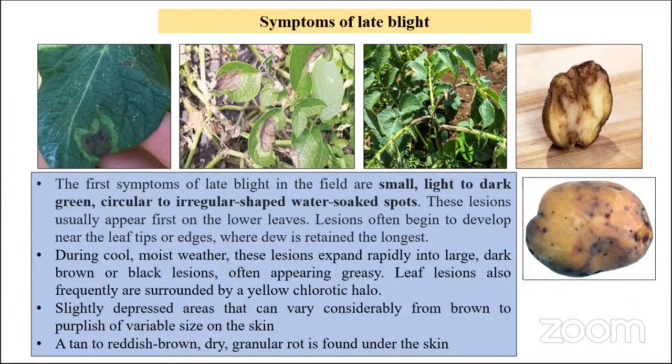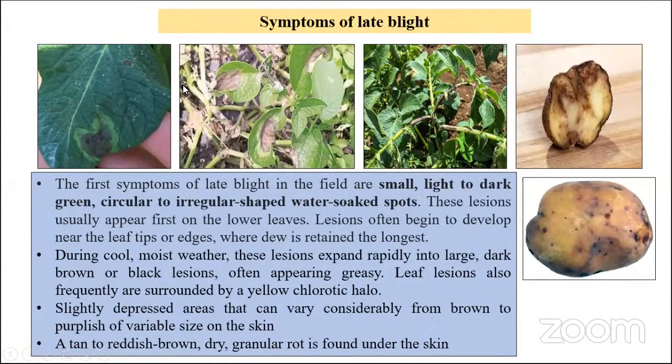You can see in the picture the spots caused by Phytophthora infestans, and the spots are surrounded by a slightly yellowish zone around the fungal spots. In late blight infected plants, the symptoms start from the leaf tips.